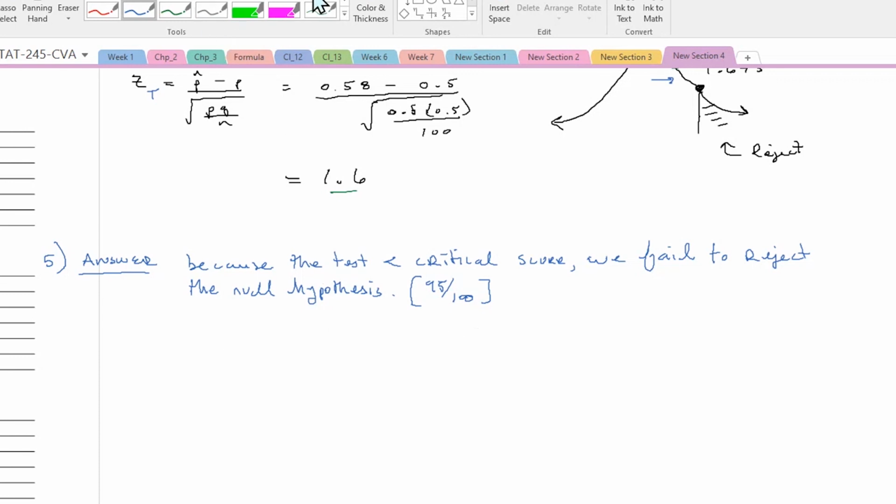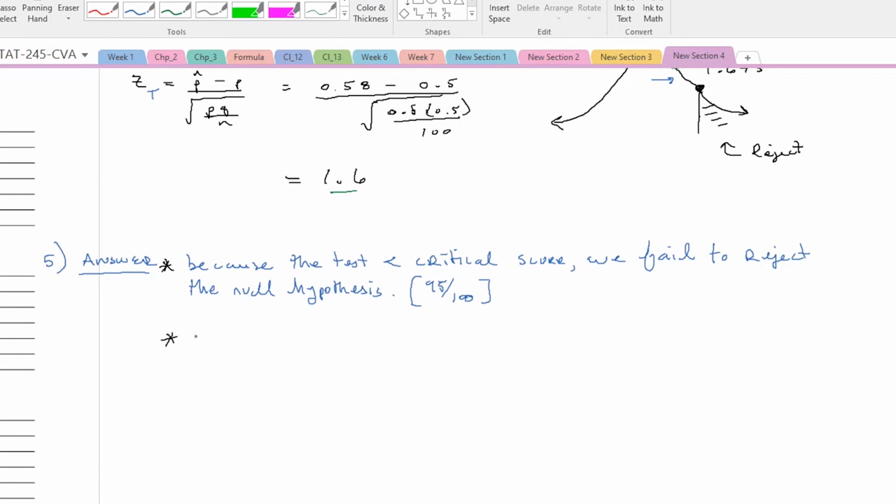Tell me something that is not techno geek stuff, because that's what you're really going to have to do when you talk to your boss or you make a press release to the newspapers. You want something that actually makes sense. This is really nerdy. Because the test score is less than the critical score, we fail to reject the null hypothesis. What the hell does that mean?